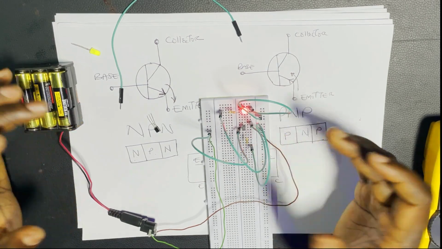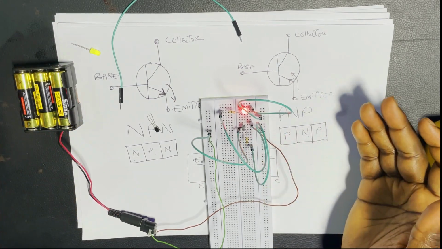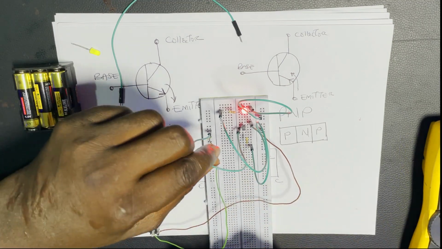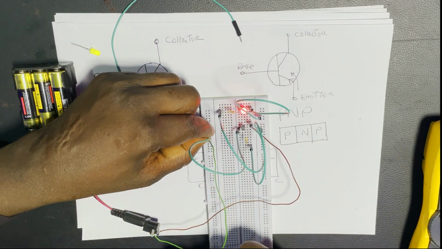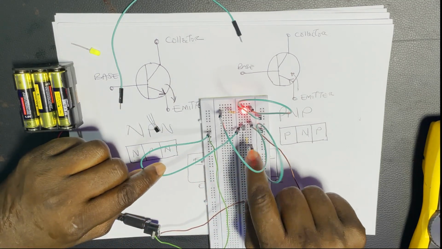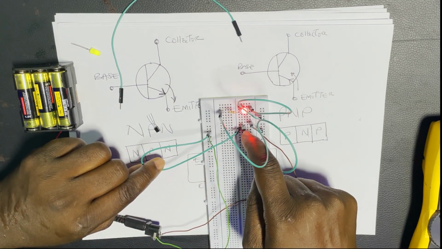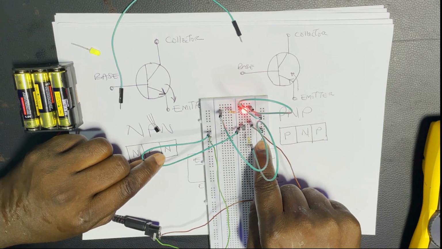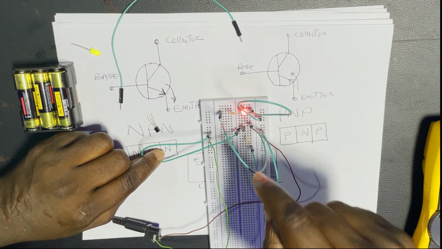Let's go over the connections again. Notice that the emitter is connected to the ground, or negative side of our power supply. The resistor is connected from the base to the positive side of our supply through a jumper.